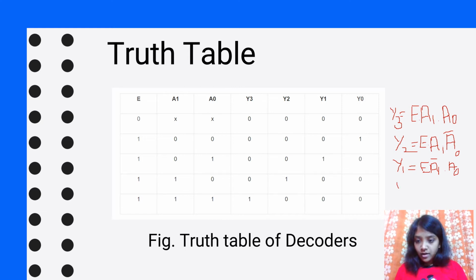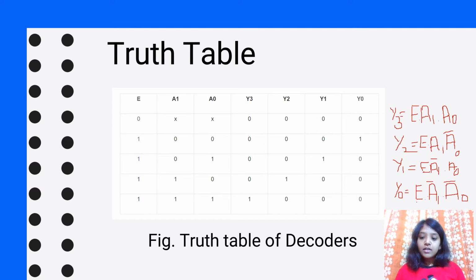For Y0 it is E into A1 bar A0 bar. So these are the Boolean functions.